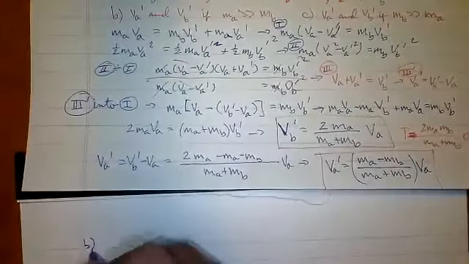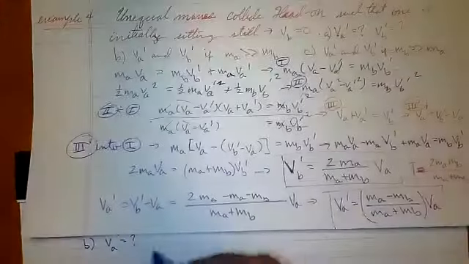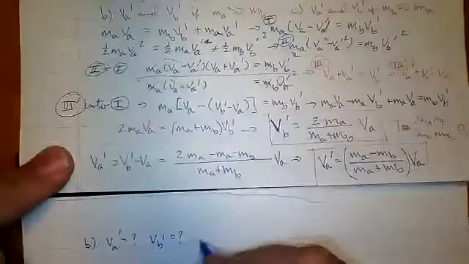All right, so now that I have these results, what I'd like to do is figure out part B and part C. So part B, I was given the task of finding out what VA prime and VB prime were equal to if, as I stated it before, MA is much greater than MB.